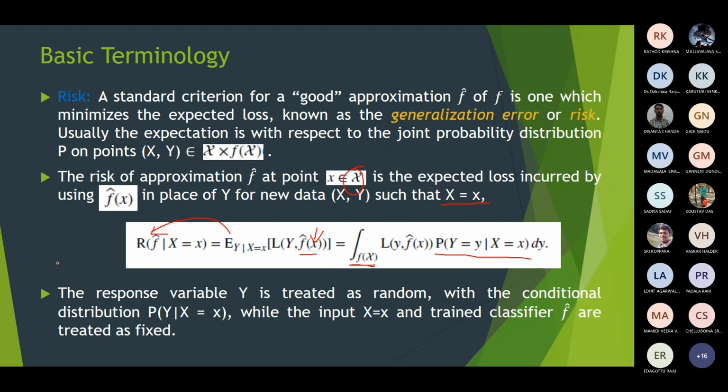So the response variable y is treated as random with the conditional distribution, the probability of y given x at point x, while the input X equals small x and the trained classifier f cap are treated as fixed.